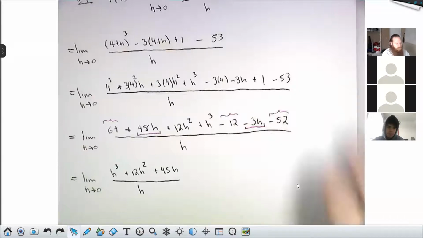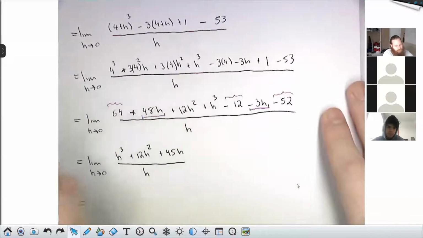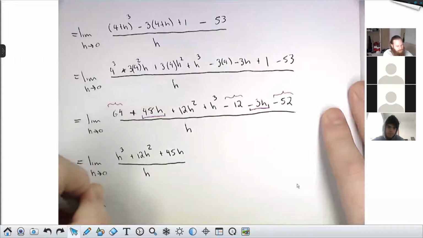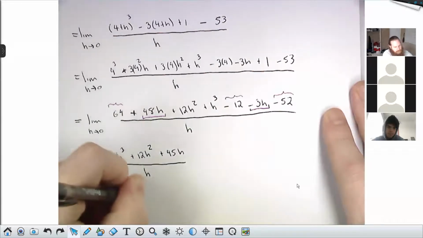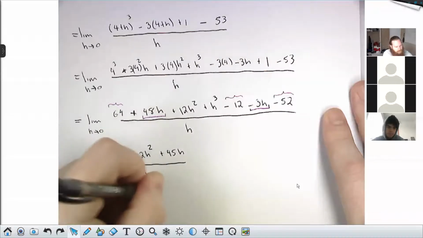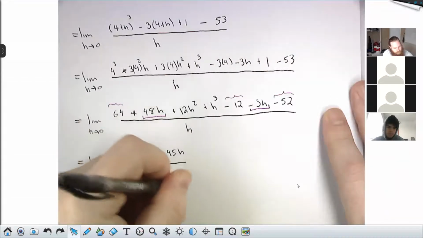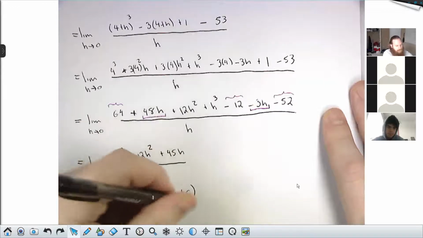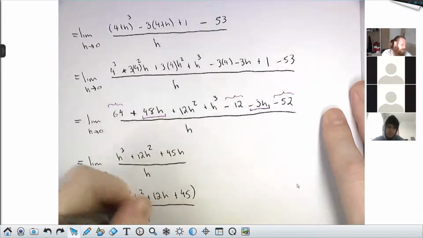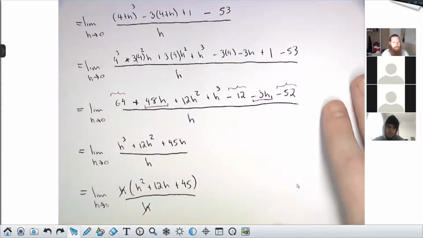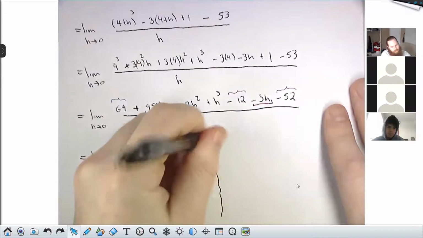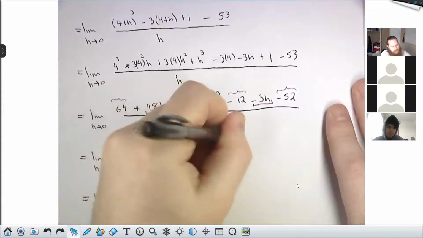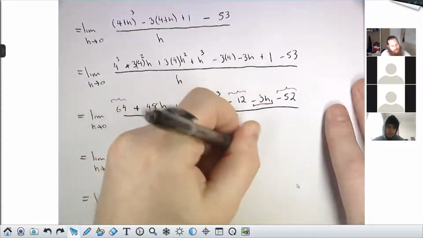I can factor an h from the top to cancel with the h from the bottom. I'm going to get the limit as h goes to 0.